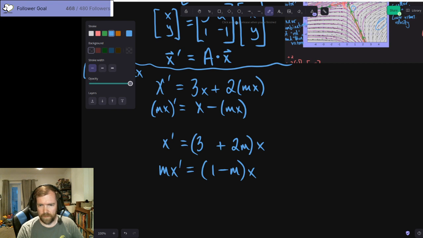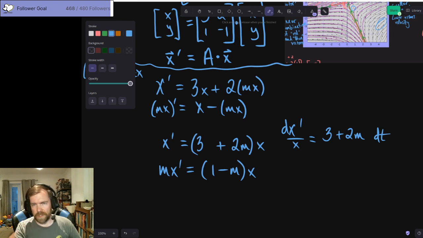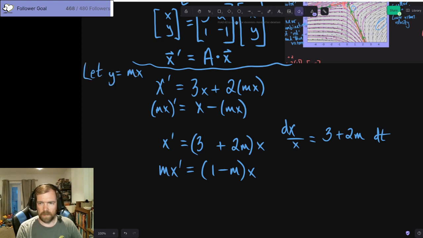Right, so in both of these cases, we're going to end up with x prime of x is equal to 3 plus 2m. We didn't really discuss it, but in this particular case, the independent variable is going to be t, generally speaking, unless otherwise specified.